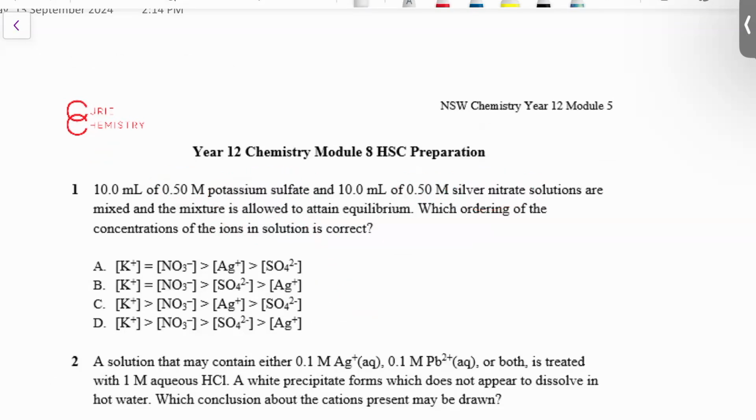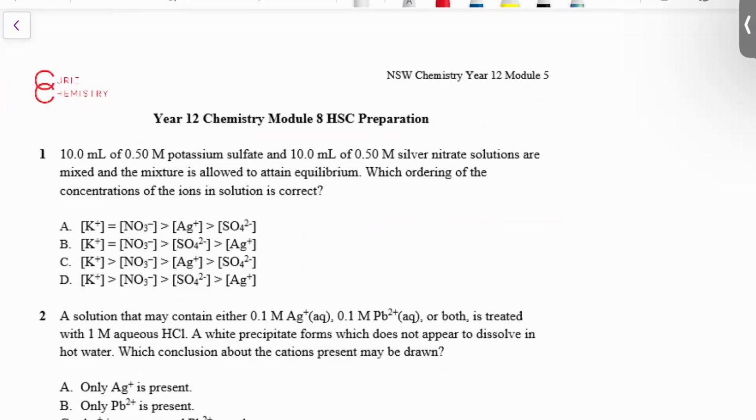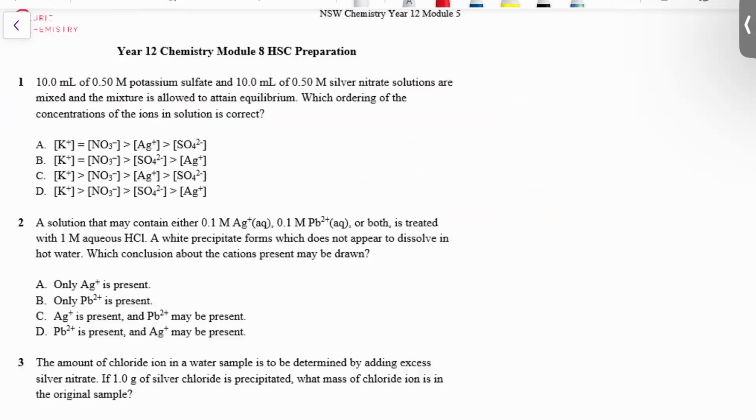So what is the formula for potassium sulfate? K2SO4, and at the moment it's aqueous because they told you it's molar. You can only express molar concentration for things that are in aqueous solution; you don't usually express molar concentrations of solids.